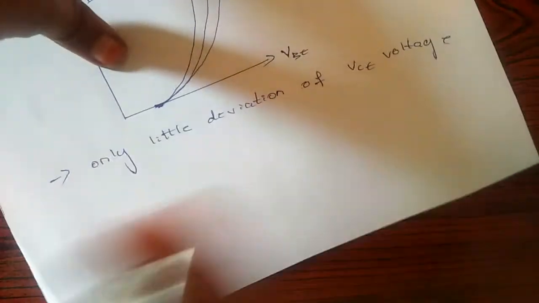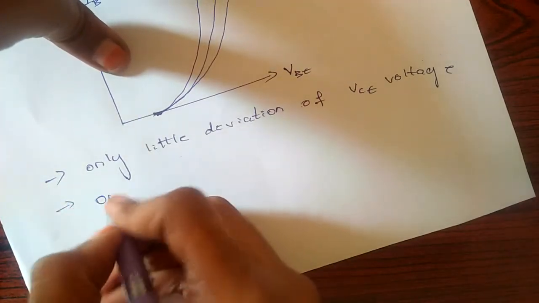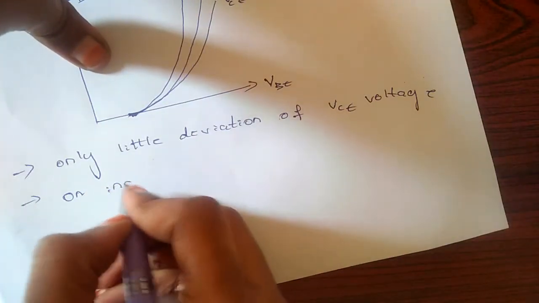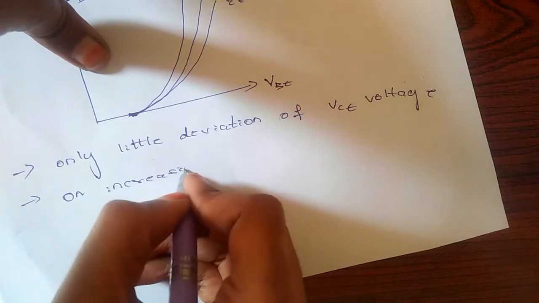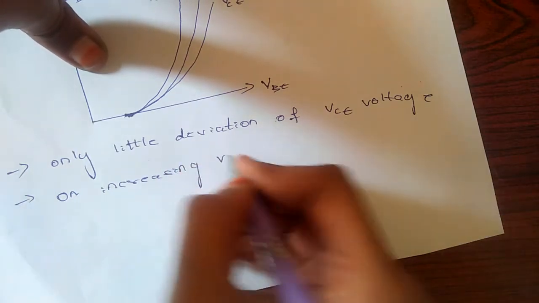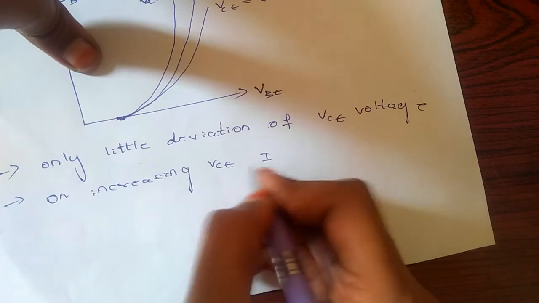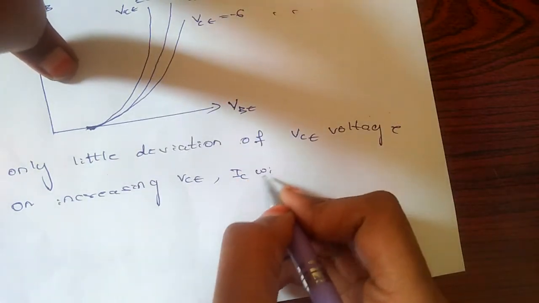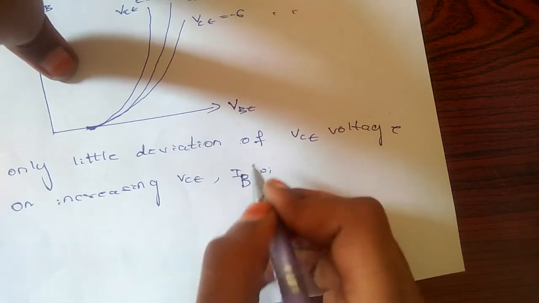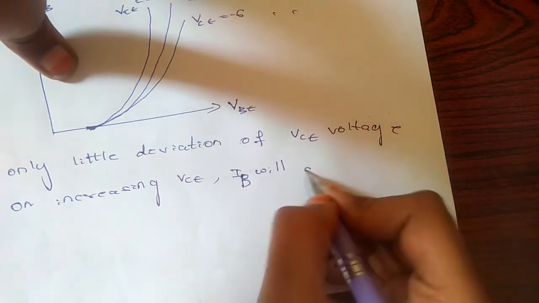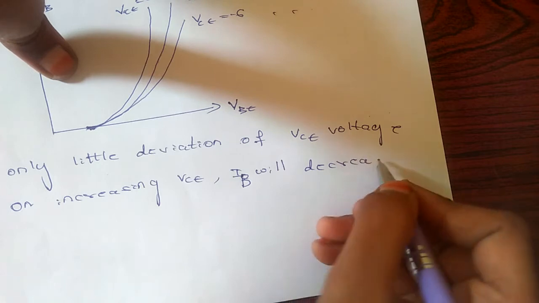So on increasing VCE, IB will decrease, the base current only.